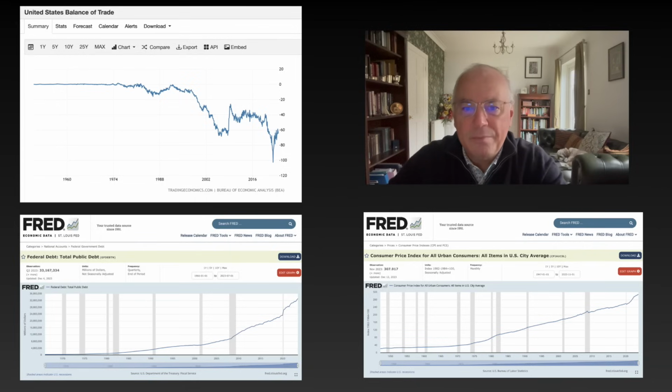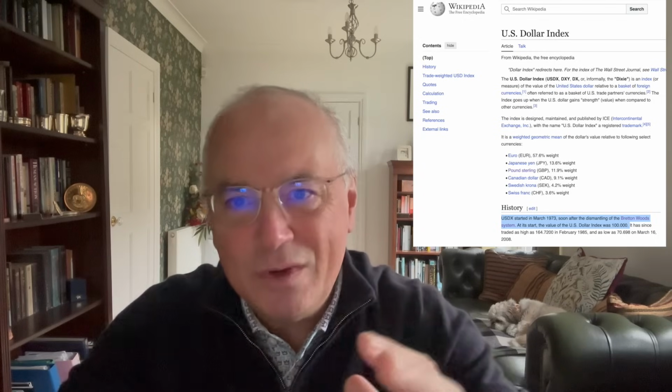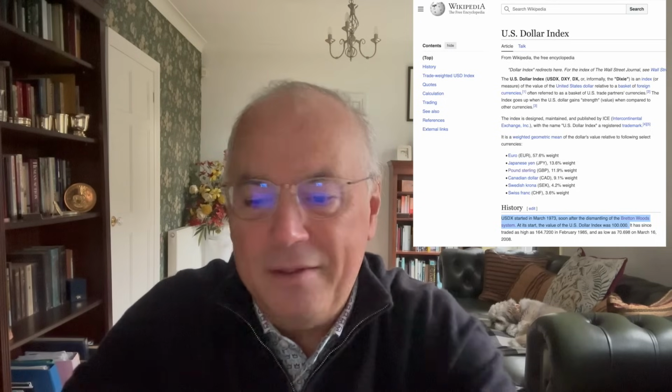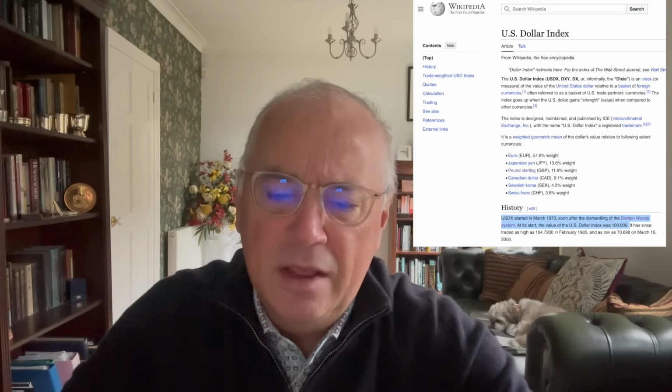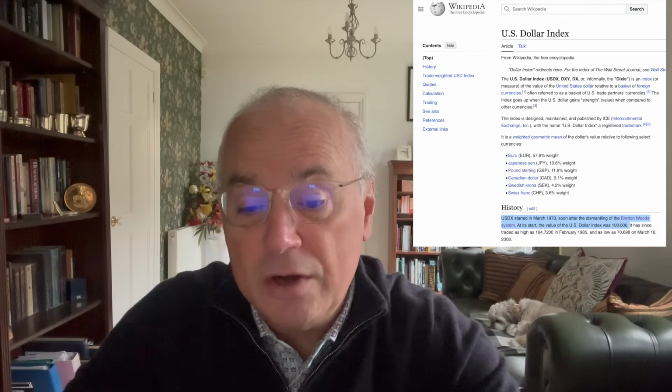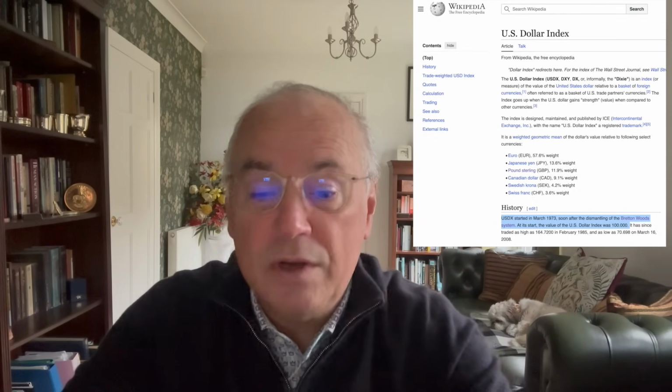But there's also a problem that they needed something to measure these currencies against the dollar. So that's why the dollar index was basically conceived, and that was in March of 1973, and it makes sense because the Smithsonian agreement collapsed in March of 73. And the dollar index, as you can see here on Wikipedia, yes, Wikipedia is not perfect, but for some things, it's pretty good, like for the dollar index. I'm going to put a link to this below in the description. You can read the whole thing. But as you can see, it started in March of 1973, and it was quoted at 100.